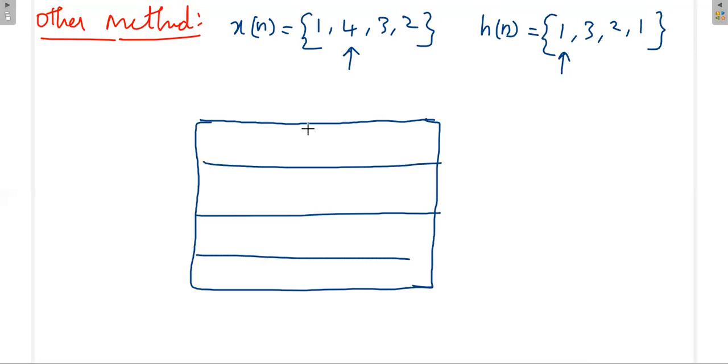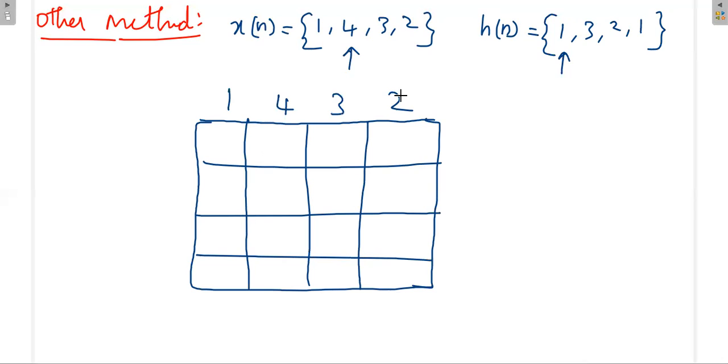How many rows and columns are needed depends on how many samples are given in both x of n and h of n. Suppose I take x of n here as 1, 4, 3, 2. That many columns you need. If there are more, I have to put more columns. Similarly, we put h of n in the rows, that is 1, 3, 2, 1.